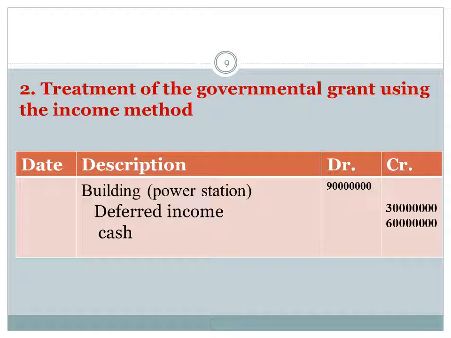The difference between 90 million and 60 million equals 30 million. We will treat this 30 million, the governmental grant, by using the income method. So this amount will be deferred income and it will be in the credit side.